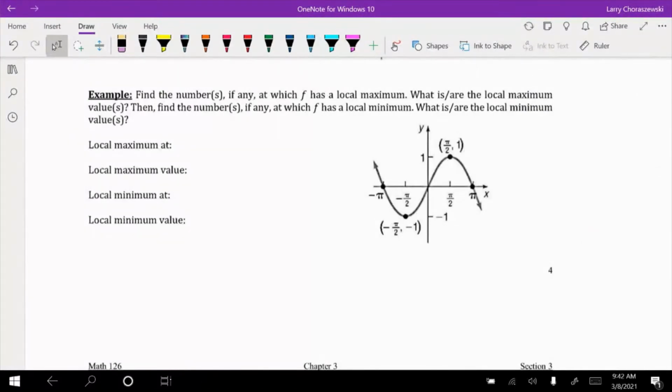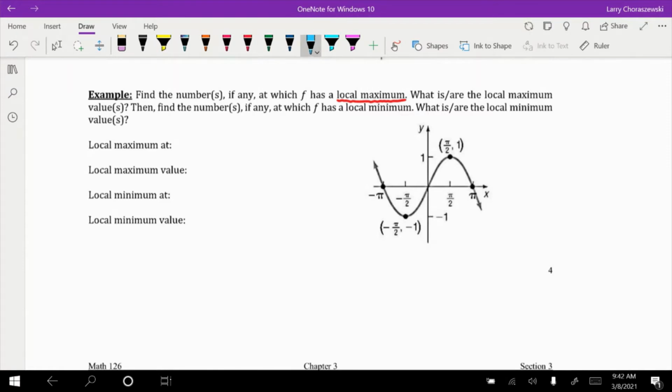With this example, they want us to see at what numbers, and what they mean by that are any values of x, for which the function has a local maximum. So they want local this time. They would also like to know what the value or values of those local maximums are.